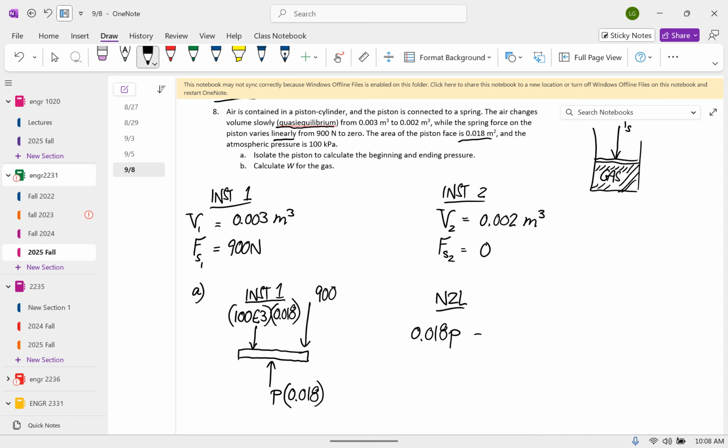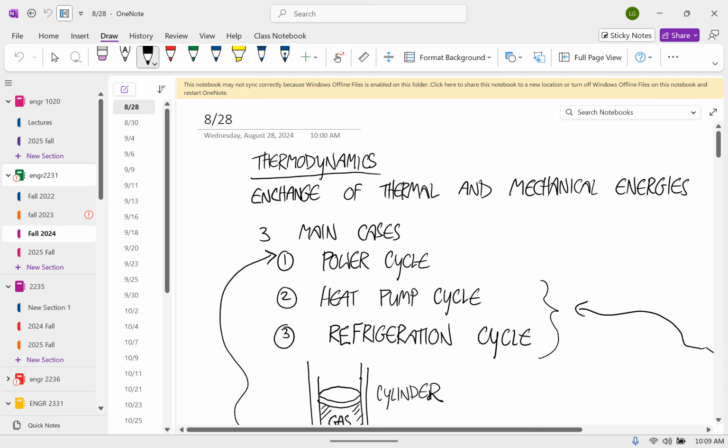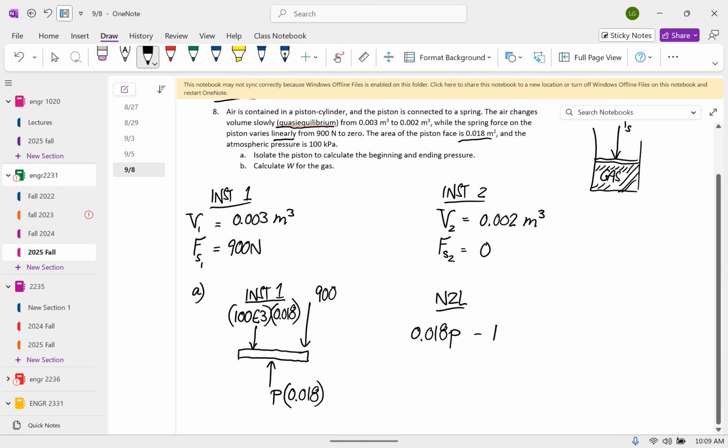Down is 100 times 10 to the 5, 1, 2, 3, 4, 5.